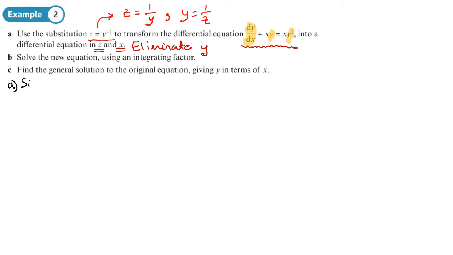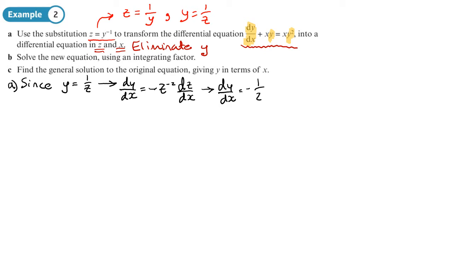So we can say that since y equals 1 over z, then dy dx is going to be, now if we differentiate 1 over z, that's like z to the power negative 1, that will become minus z to the minus 2. And what have we just done? We've differentiated a z as if it were an x. I suppose we could write that instead as dy dx equals negative 1 over z squared dz dx.